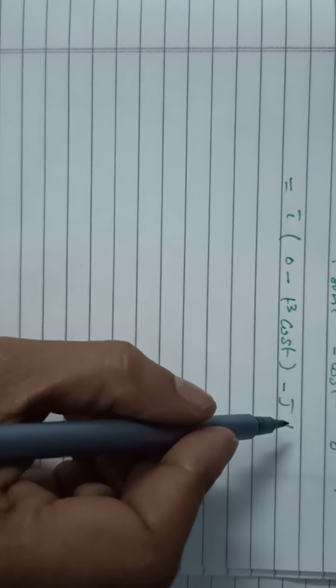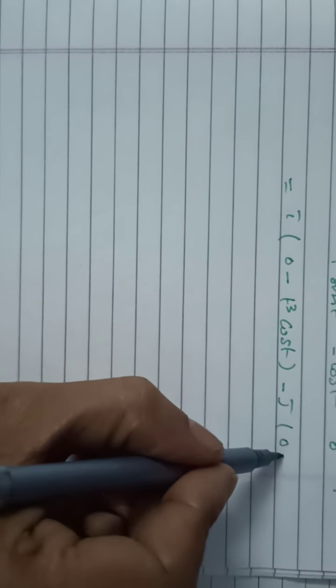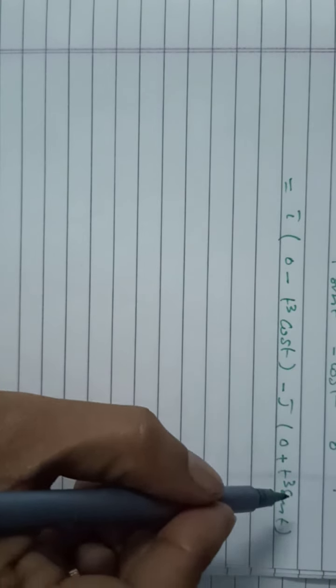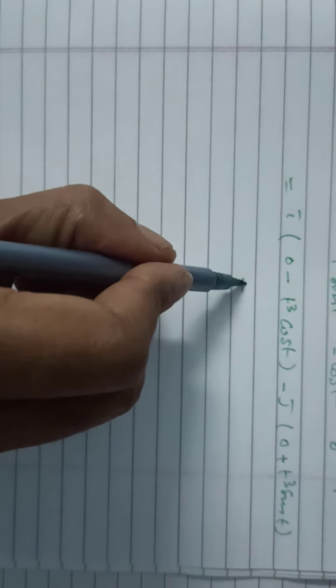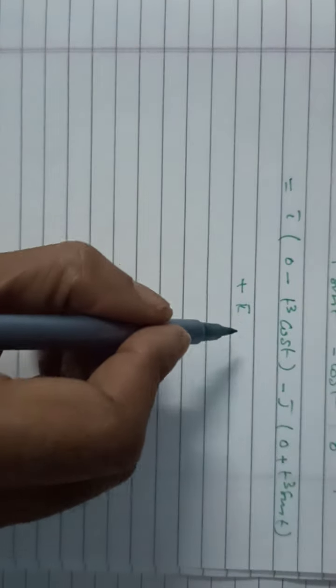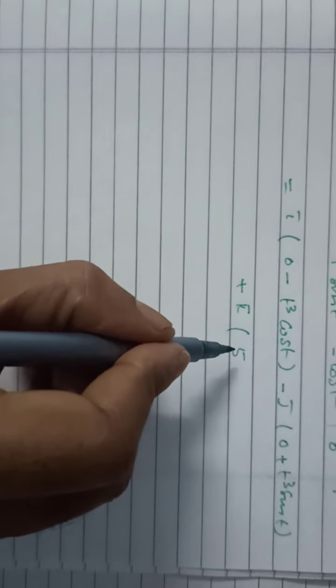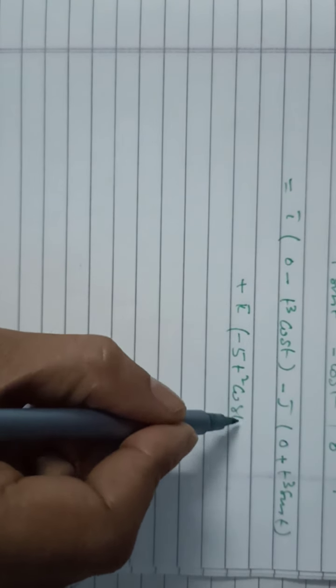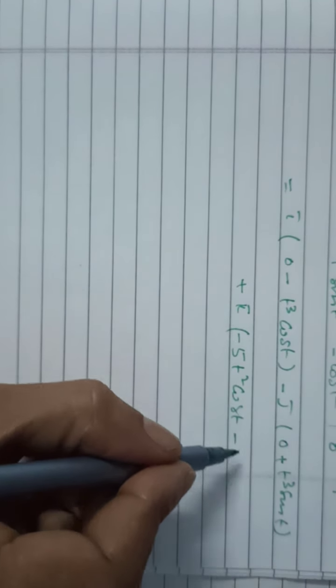Minus j bar into 0 plus t cube sin t. Plus k bar into minus 5t square cos t minus t sin t.